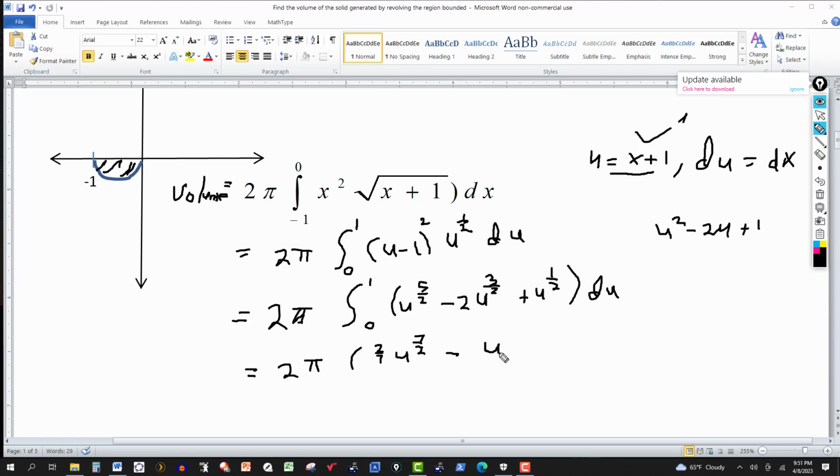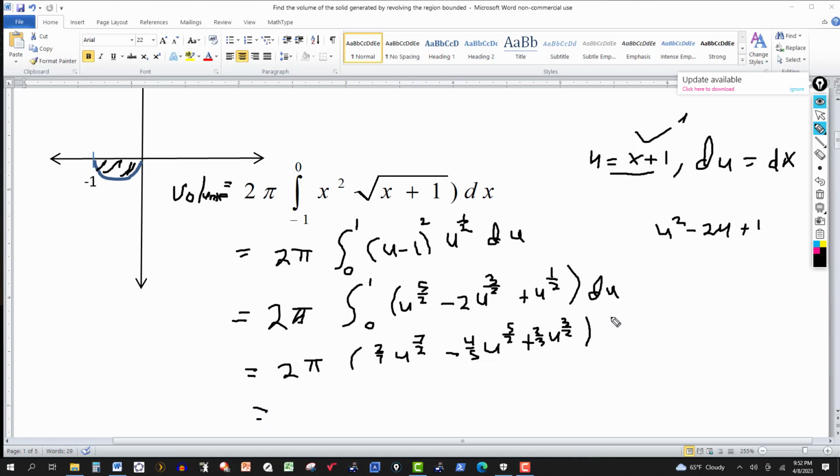Add 1 to the 3/2 gives me 5/2. Divide the coefficient by 5/2, the same thing as multiplying by the reciprocal, so this will give me a minus 4/5. And then the next one, add 1 to the 1/2, we get 3/2. Divide the coefficient by 3/2. Okay, now we apply the limits here.